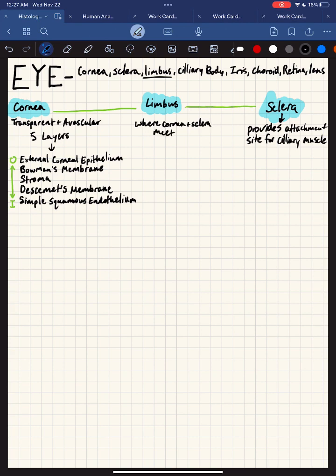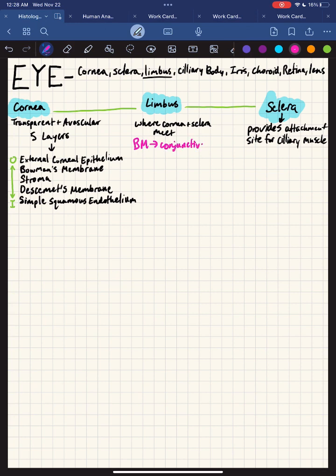And so when the cornea reaches the limbus, the Bowman's membrane portion of it becomes conjunctiva. I don't know why.